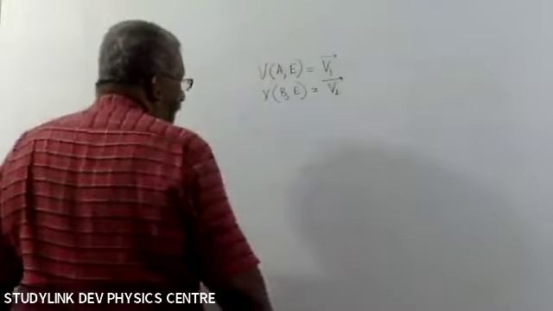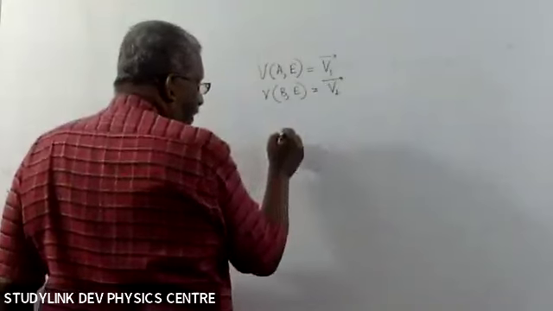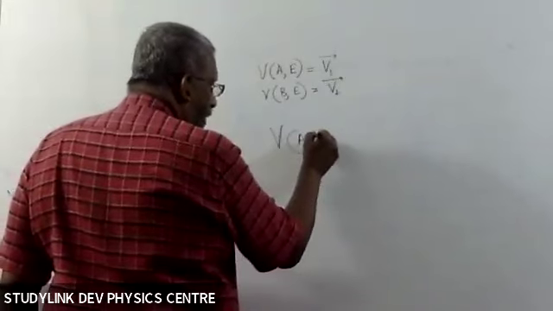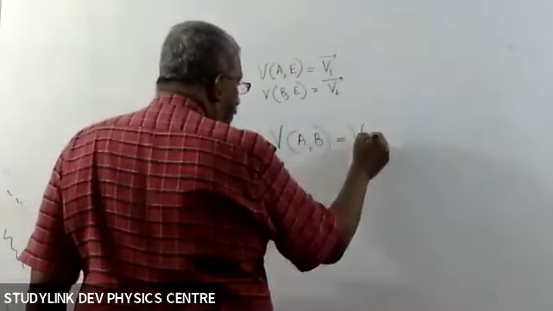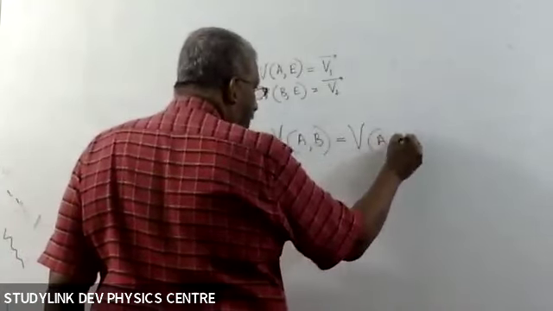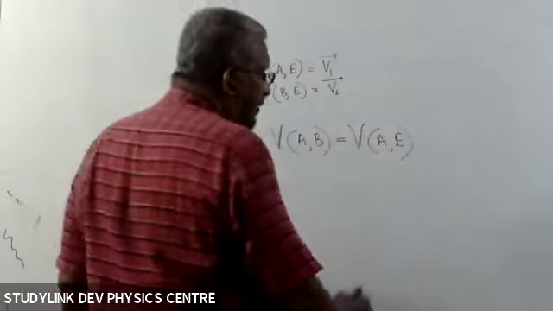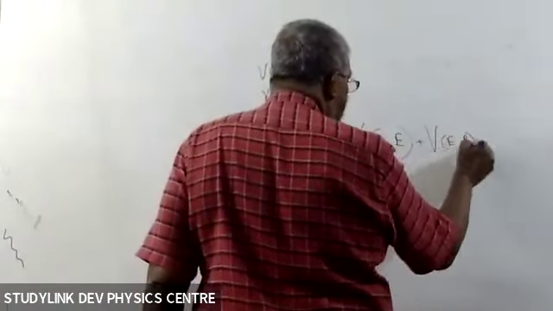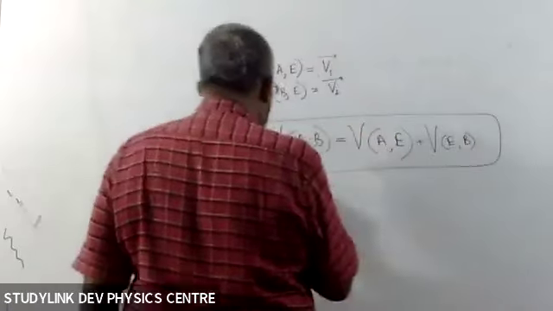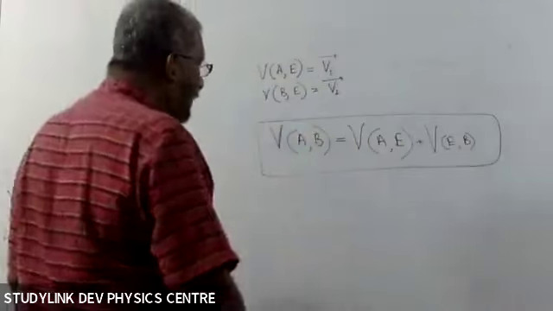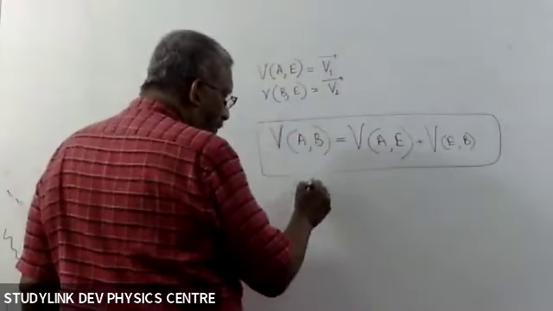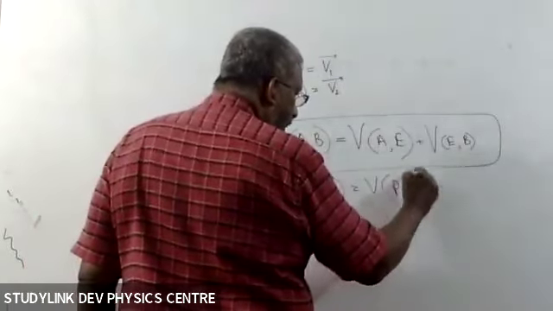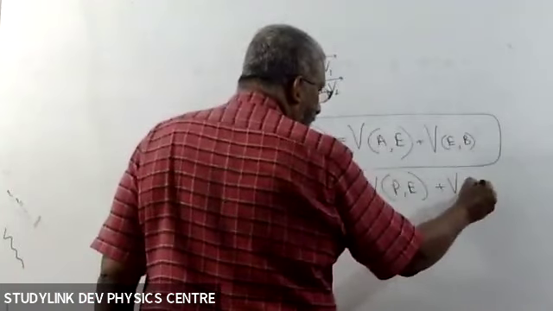This is the equation. Velocity of A relative to B is equal to velocity of A relative to the Earth plus velocity of the Earth relative to B. If you consider P and Q, velocity of P relative to Q is equal to V PE plus V EQ.